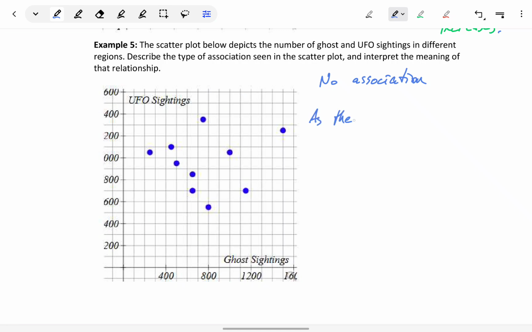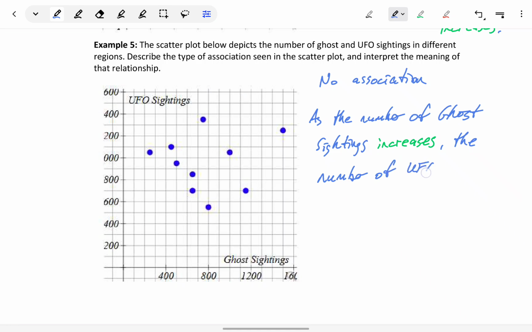Meaning that as the number of ghost sightings increases, the number of UFO sightings does not follow a discernible pattern.